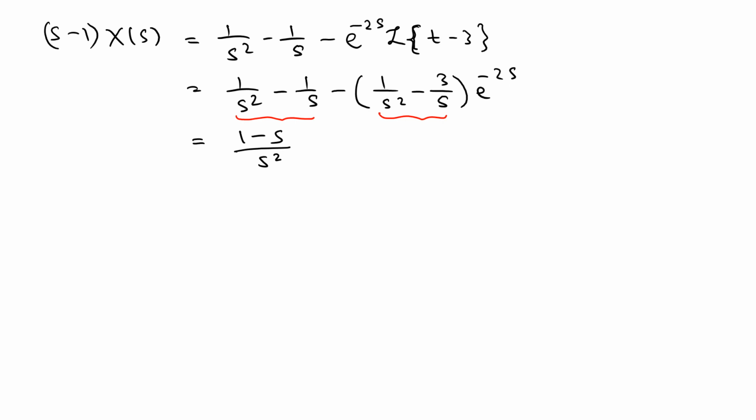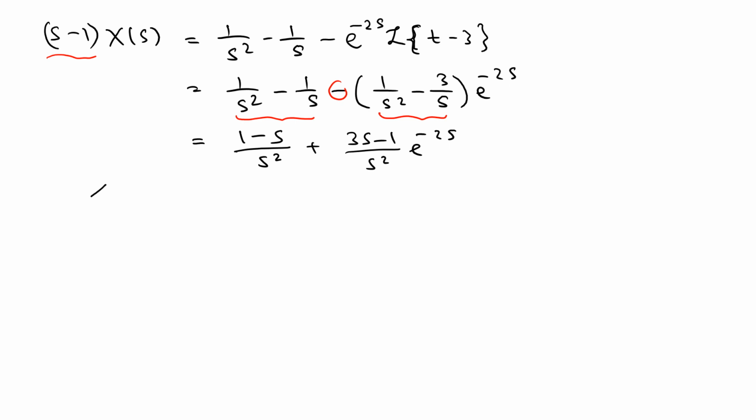And from the second one, the same thing, the second term misses an s, so it's going to be negative 3s, but with the negative sign in front. We can switch the two. So we can write this one as 3s minus 1 over s squared and e to the negative 2s. So that's what you get. Now we can divide both sides by that term.